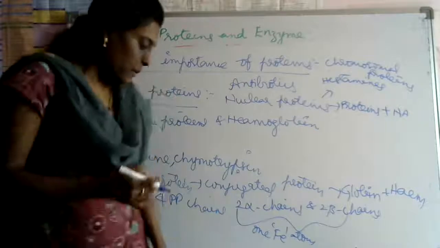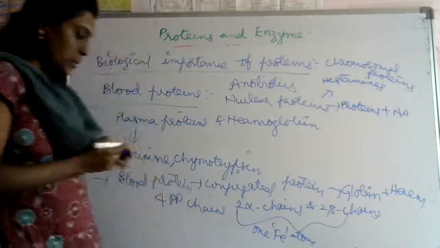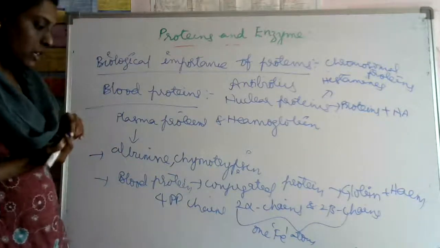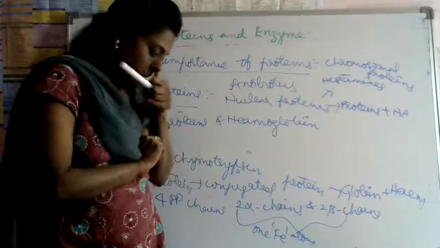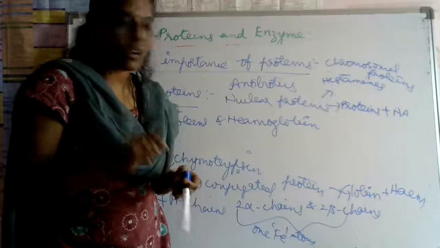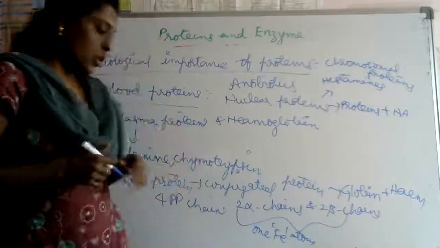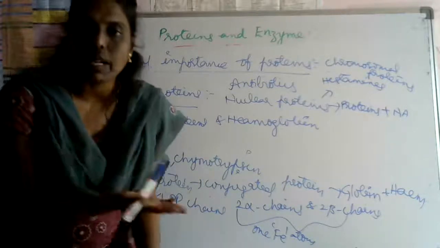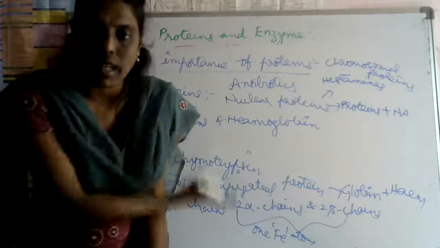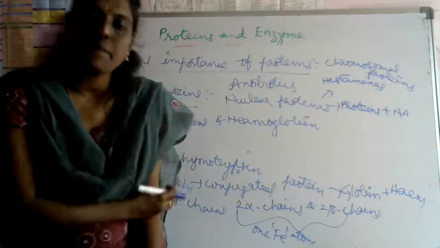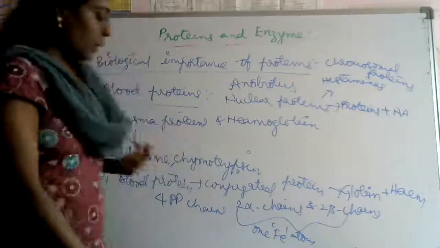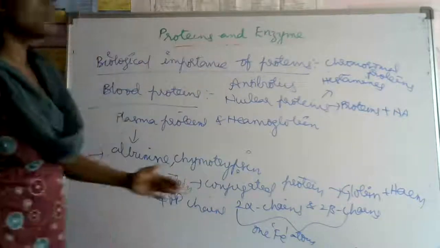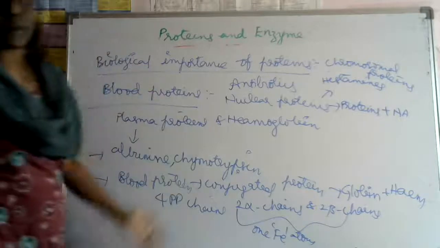Collagen is a fibrous protein found in many connective tissues. It consists of a triple helical chain. I have explained triple helix. That is the collagen. So collagen is found in many tissues. These are the importance of proteins.